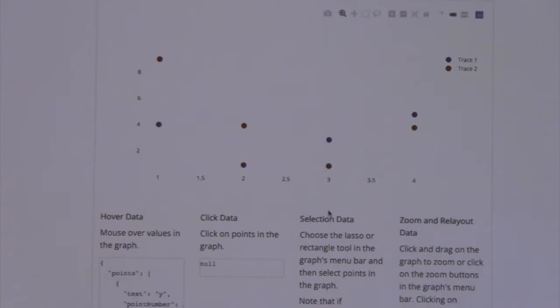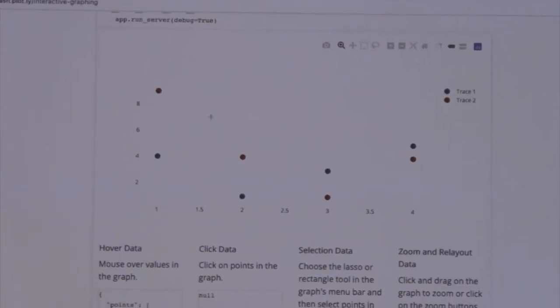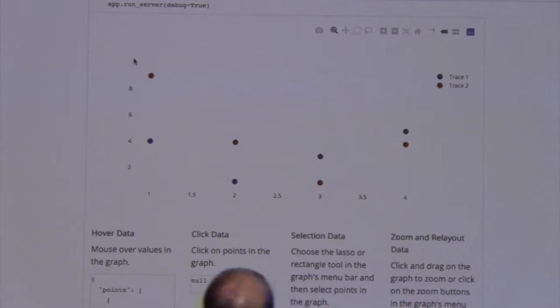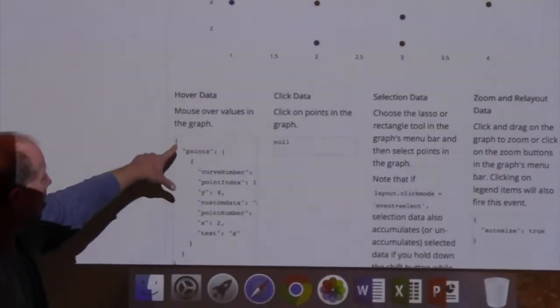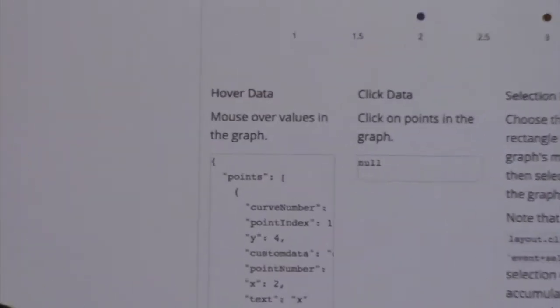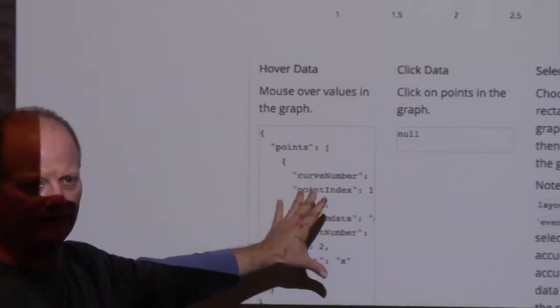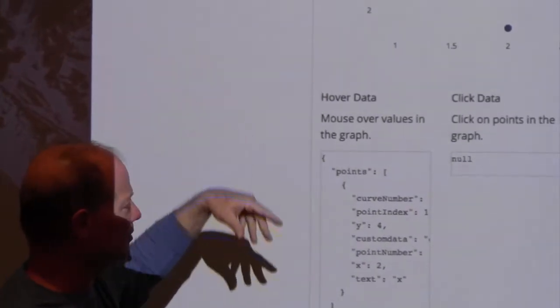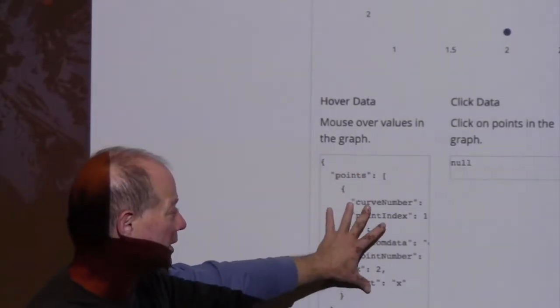The selection data and the zoom and relayout data, I don't think are used too much. But look at this. When you hover over any point, Dash by itself grabs the data from that point, and then the code in the example above just prints out what it grabs right here.